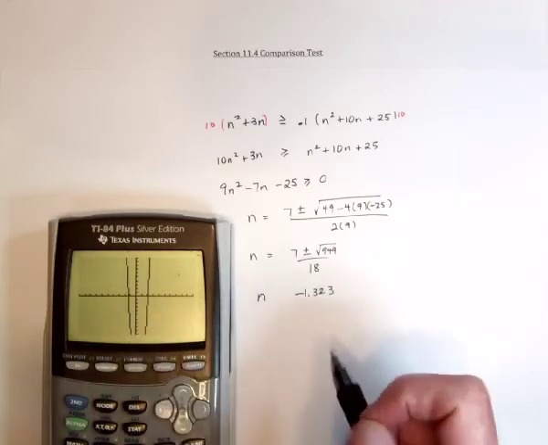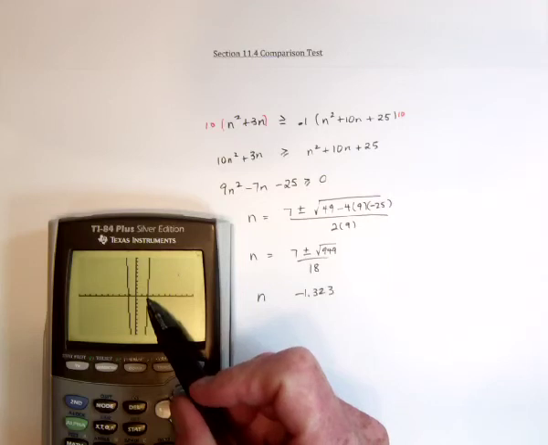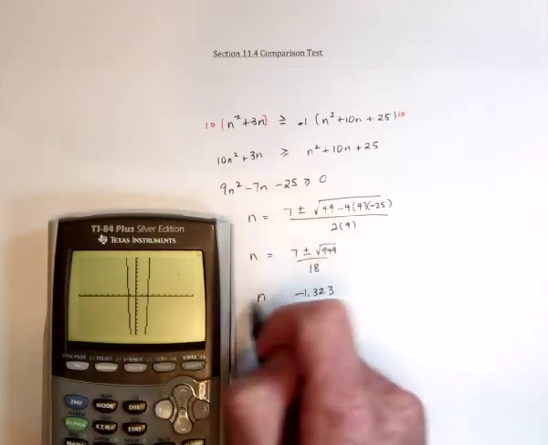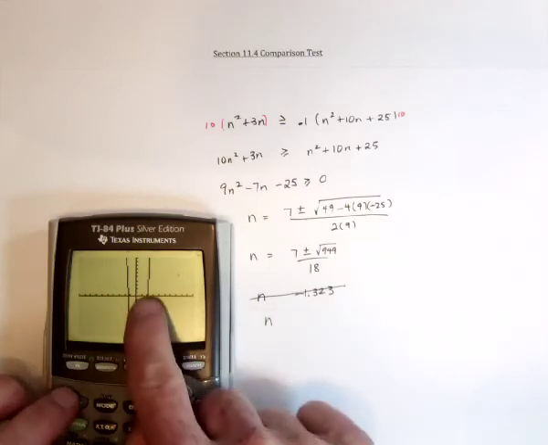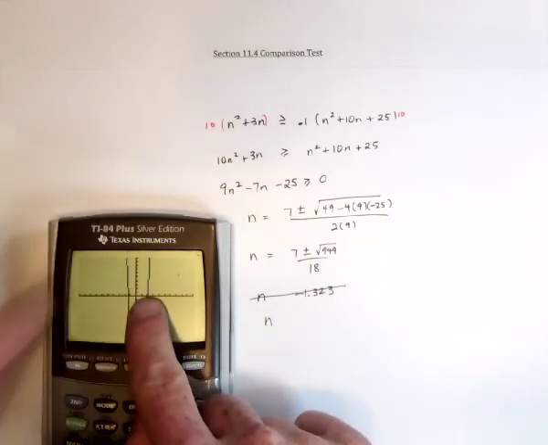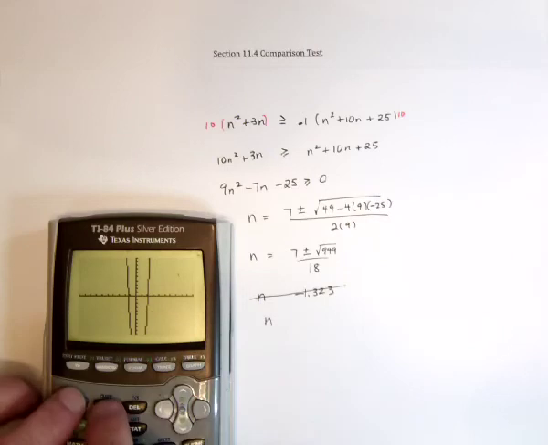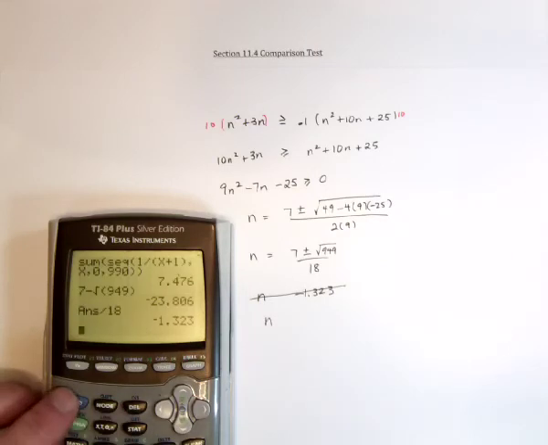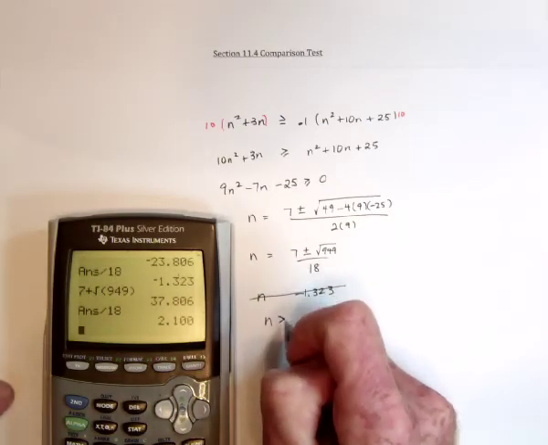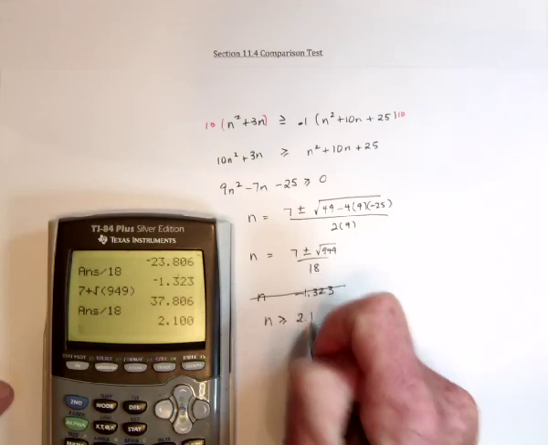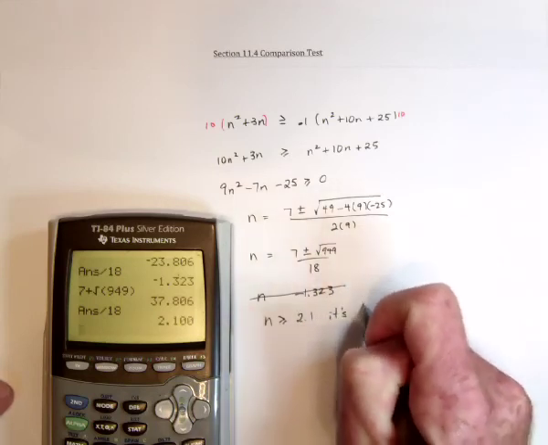Our n's are positive, so we want this one right here, at 2 point something. So we don't really want the negative one, we want the positive one. From this point on, yes, the parabola is positive. So 2.1 or whatever it is. Let's see, 7 plus the square root of 949 divided by 18. Okay, so for n bigger than or equal to 2.1, it's true.